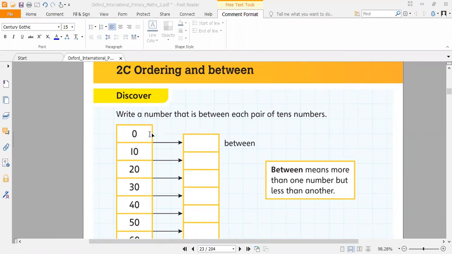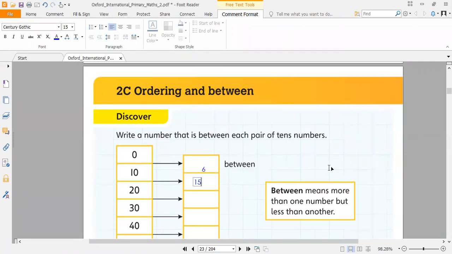Any number we can write between them: between 0 and 10 is 9 or 6. Between 10 and 20 is 15. Between 20 and 30 is 24.